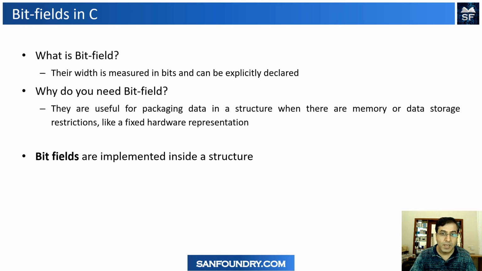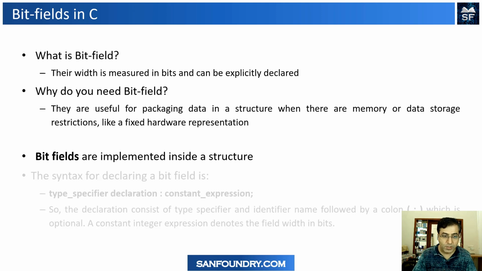Now coming to C language, there is a requirement in our programming paradigm that we have to code for those hardware or various kinds of protocols. So how do we implement it? C language implements bit fields inside a structure. So you can define a structure as a bit field.